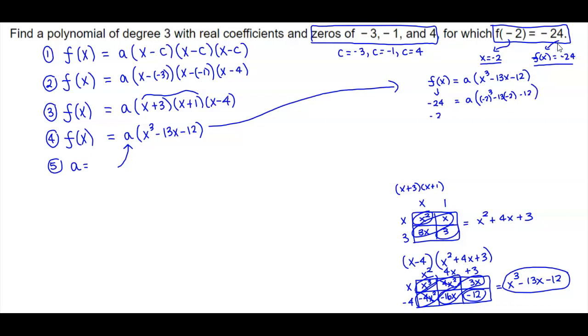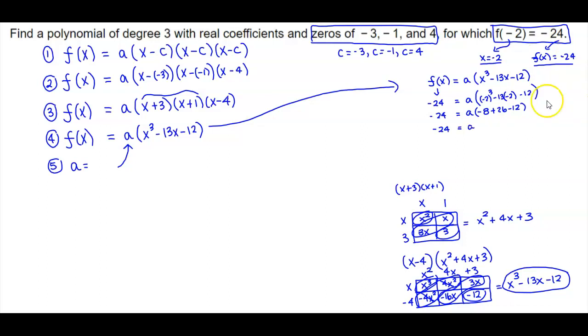So therefore we have negative 24. Negative 2 cubed is negative 2 times negative 2 times negative 2, which is negative 8. Minus 13 times negative 2 is plus 26, and then minus 12.